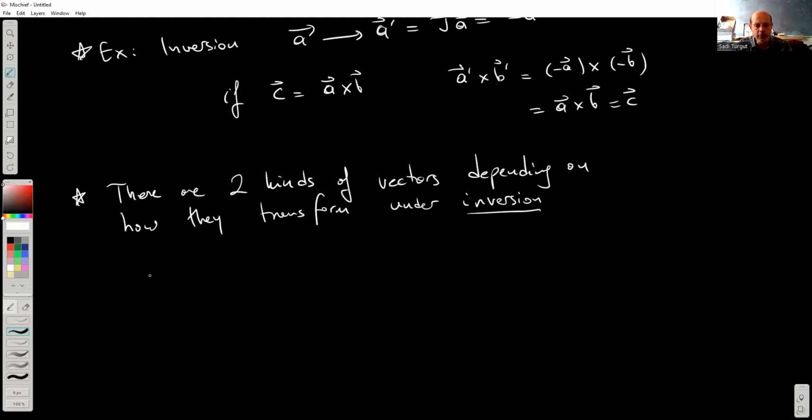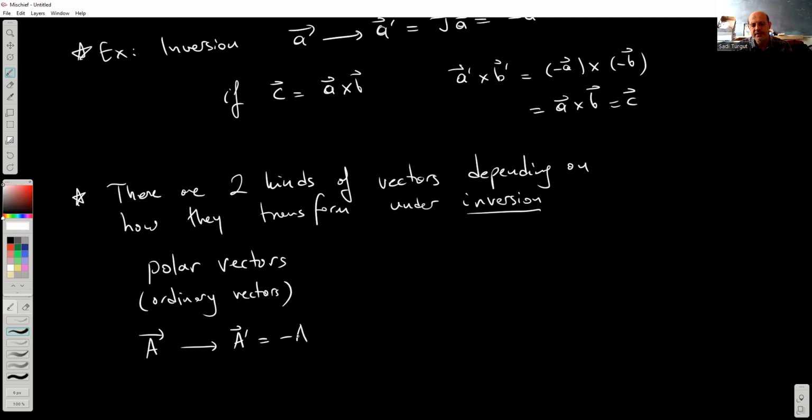So there are these polar vectors. These are ordinary vectors, actually. So let me just say ordinary vectors. Okay, so these are vectors which basically change the sign when I do the inversion.